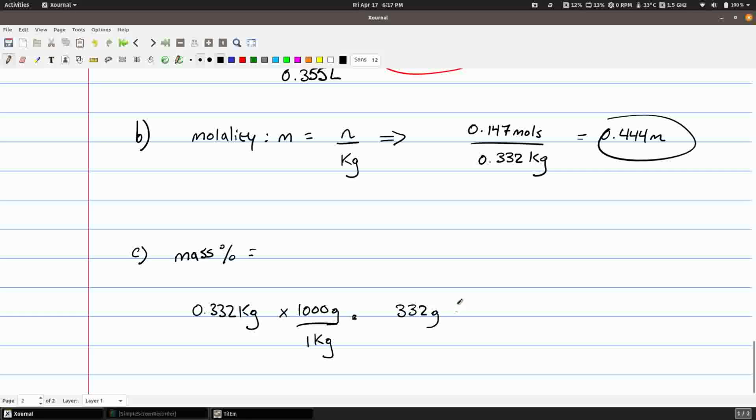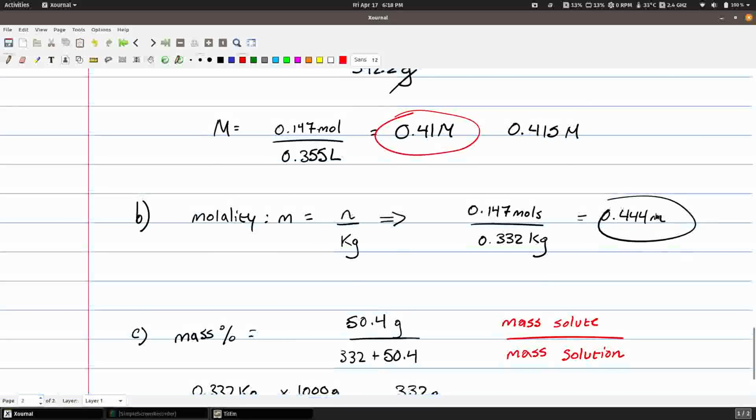And then it's very simple. You do 50.4 grams divided by 332 plus 50.4. Because if you remember, it's mass solute divided by mass solution. I might have written something else up there.